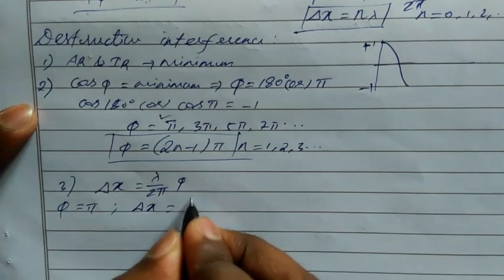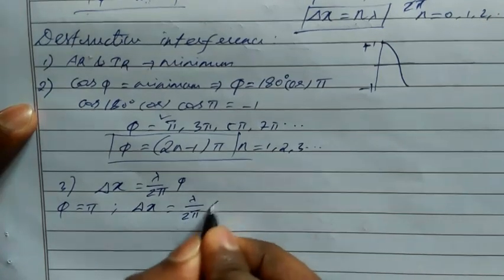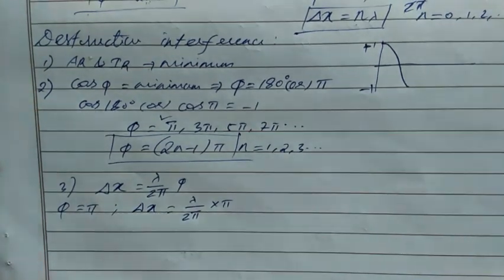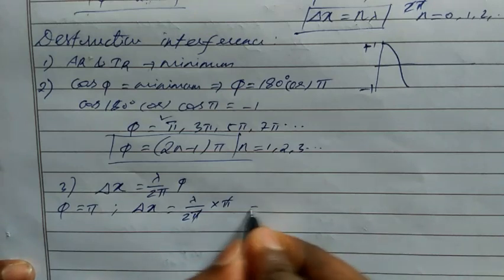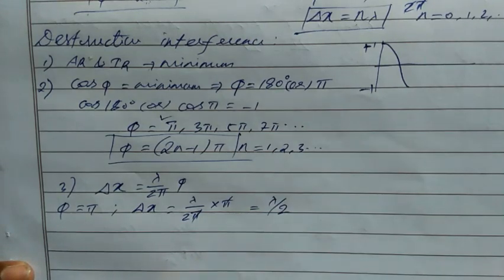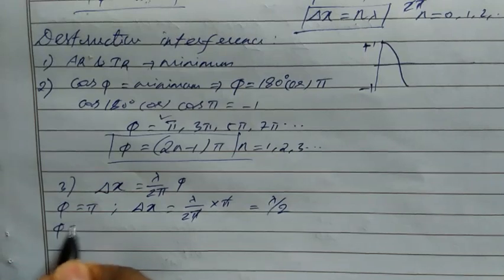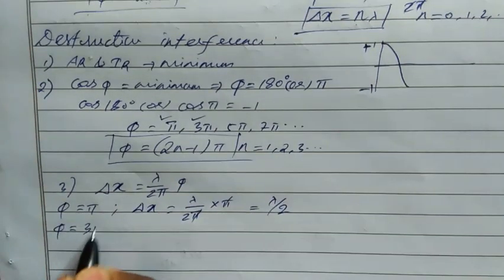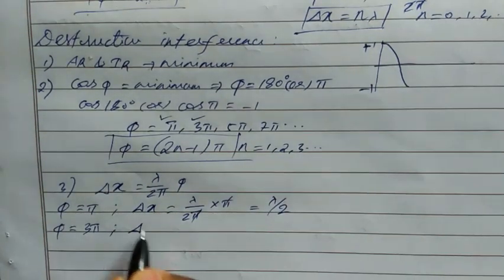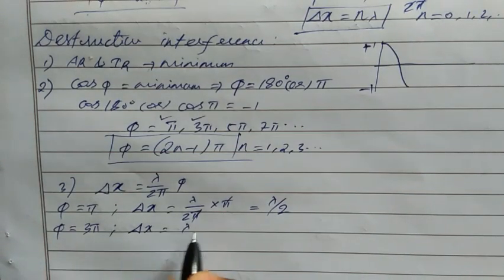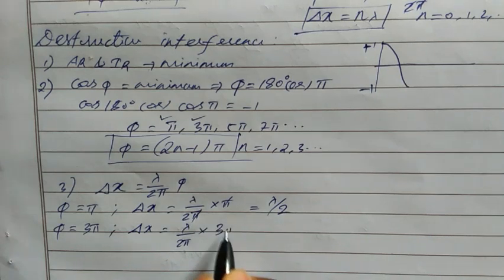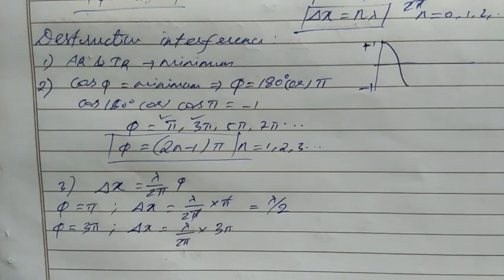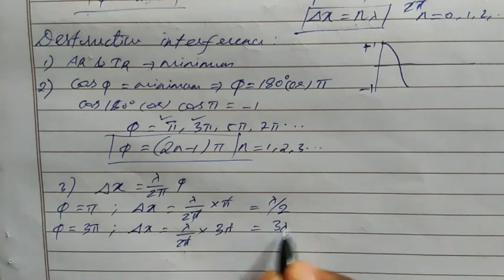Del x equal to lambda by 2 pi into pi. Pi get cancelled, we will get lambda by 2. If we take phi equal to 3 pi, then the corresponding path difference is lambda by 2 pi into 3 pi. So pi get cancelled. We will have 3 lambda by 2.